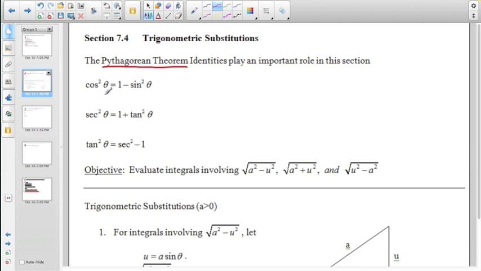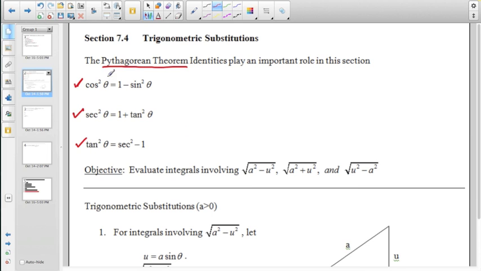So if we look at these identities here, these are some very familiar identities that you certainly have been working with for years, and we've been working with these in the last section.